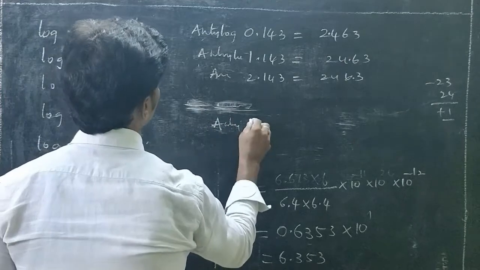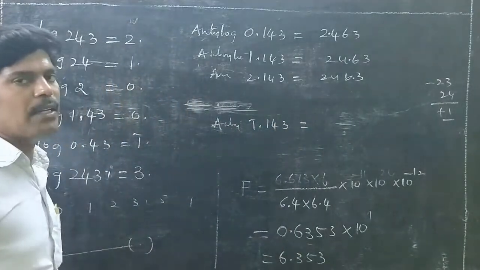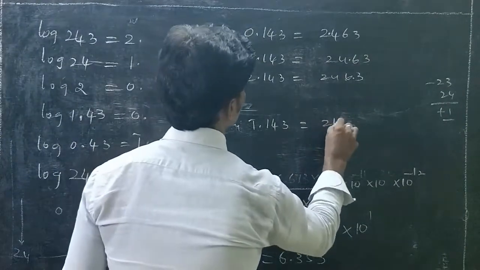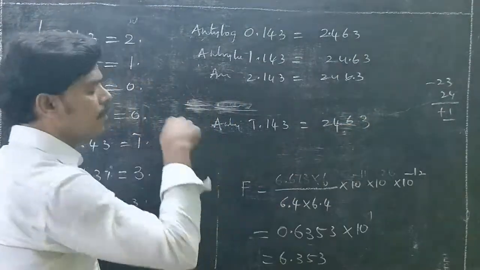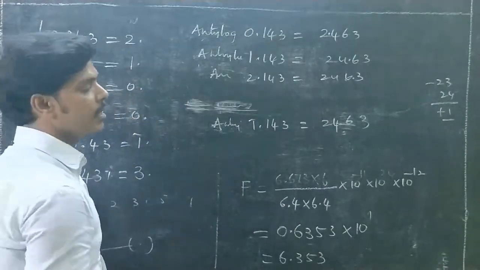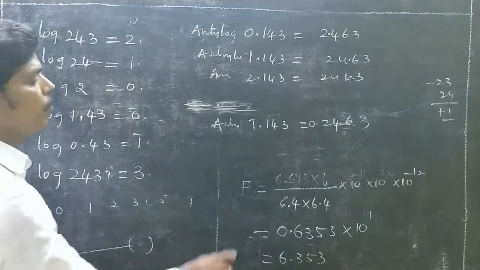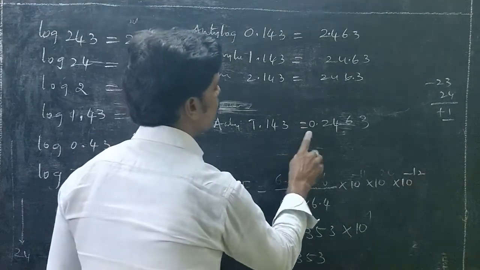Suppose we have the anti-log of 1 bar 0.143. The anti-logarithm value for 0.143 is 2463, but since 1 bar is there, it is 0.2463. If we have 1 bar, we need to put 0 point.